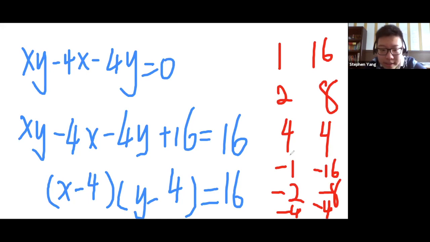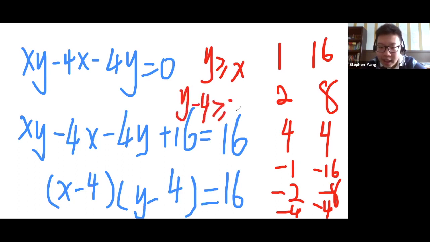Okay, now let's consider each individual pair. Since we know that y must be greater than or equal to x, then we also must have y minus 4 greater than or equal to x minus 4, which means this number over here needs to be the smaller factor, and this number over here must be the greater factor.